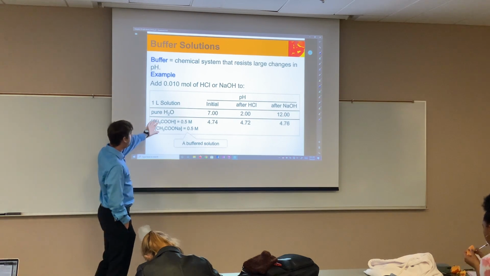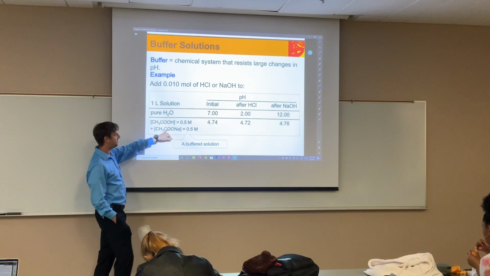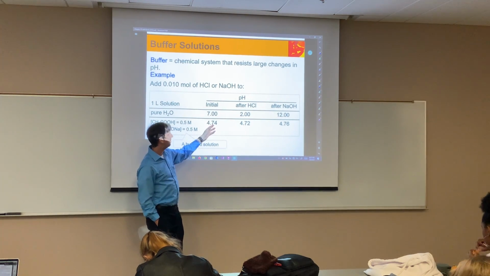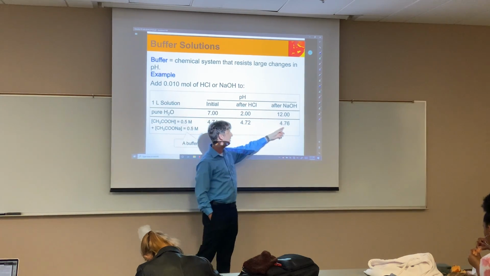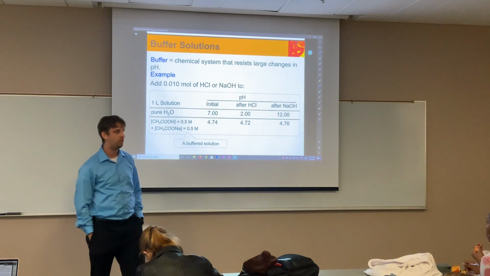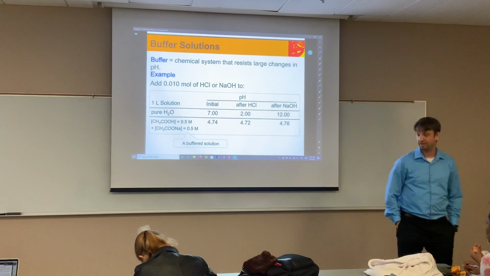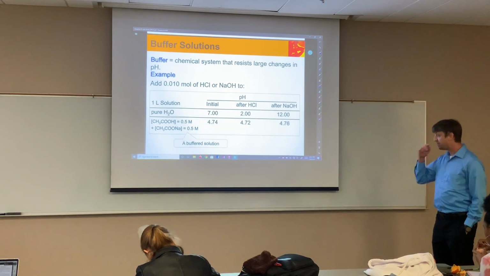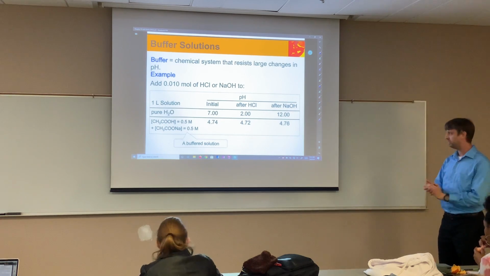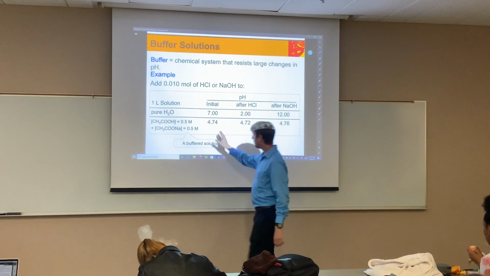But if we have a buffered solution of acetic acid and sodium acetate, we're going to figure out how to calculate the initial pH. And after we add the exact same amount, we really don't see too much of a shift in the pH for the overall system. That's the whole point. I know you're itching to know how to get those numbers. Don't worry, we'll get there in just a second. But this is the whole idea about why we develop buffers. Cool. All right.